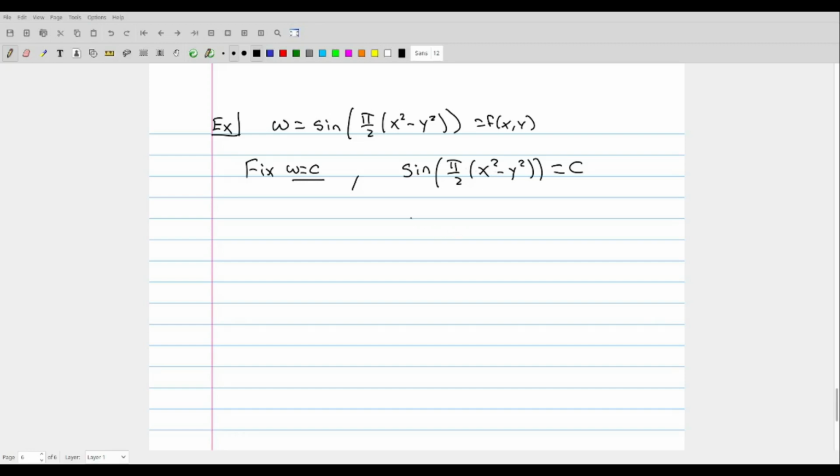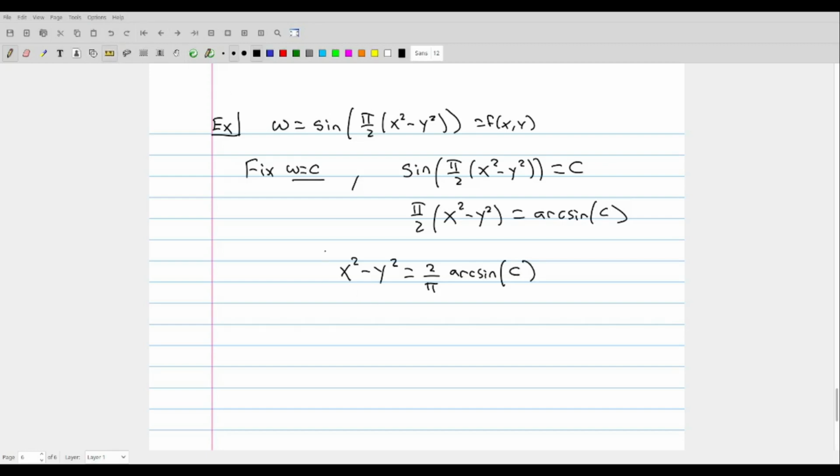Think of the shape of these level curves. If we take the inverse sine function, arc sine of both sides, we get pi over 2 times x squared minus y squared is equal to arc sine of c, which gives us the equation x squared minus y squared is equal to 2 over pi times arc sine of c.